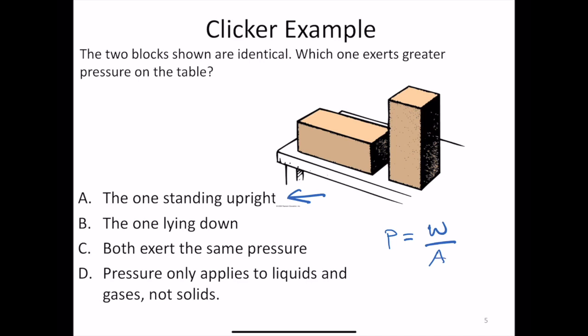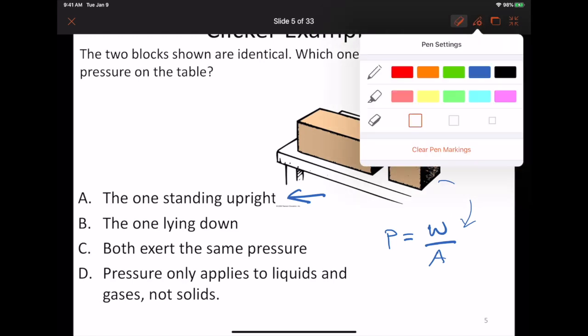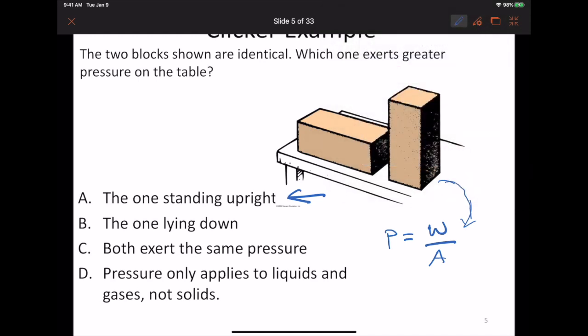And so in this case, the area is going to be smaller, so the quantity itself is going to be larger. So I'll just write, this is a higher pressure and this one exerts a lower pressure. Okay.